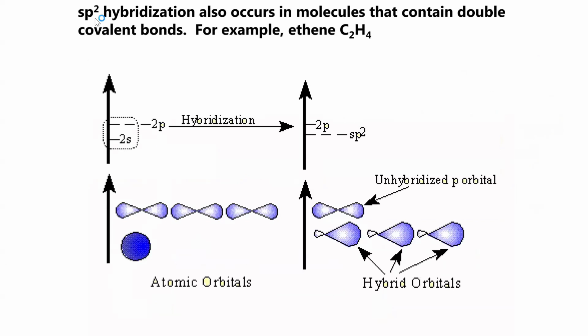So now the next thing that we are going to look at is that sp2 hybridization also occurs in molecules that contain a double covalent bond, for example, in ethene. So let's look at the structure of ethene.